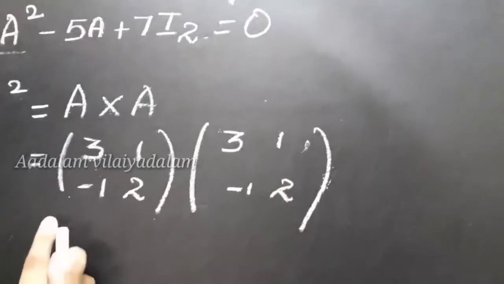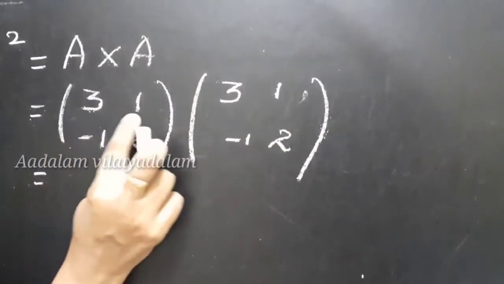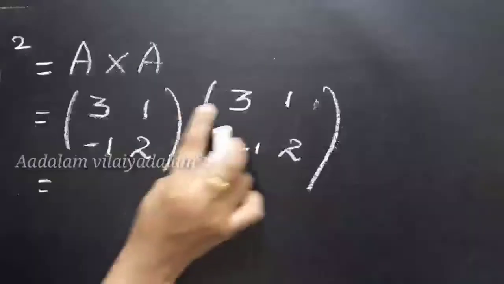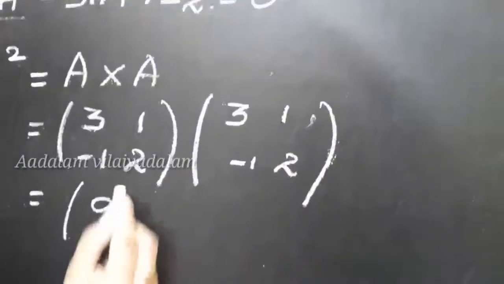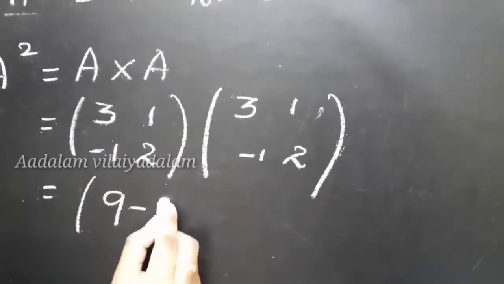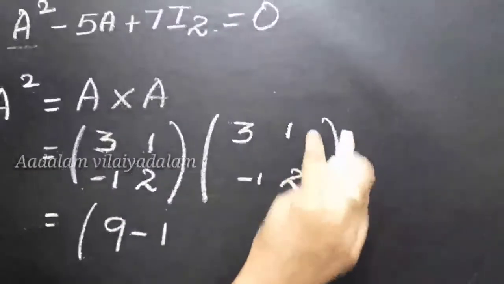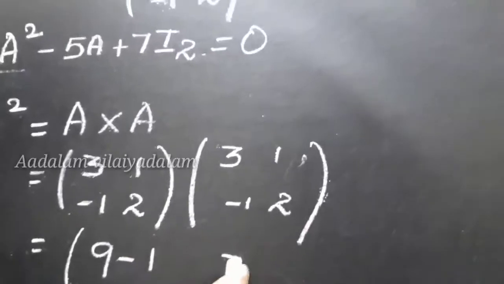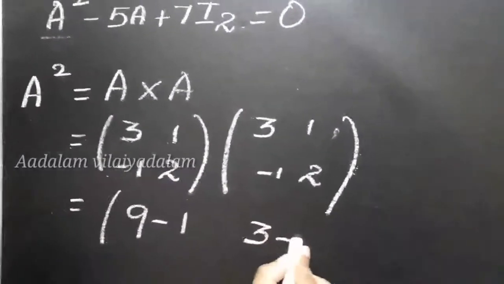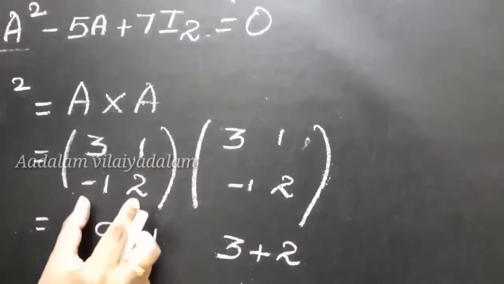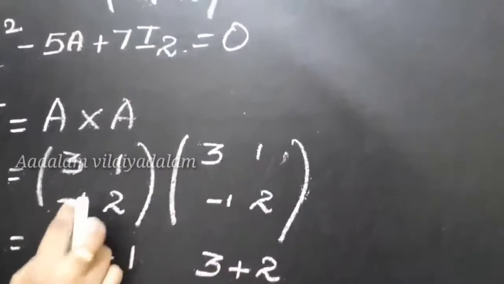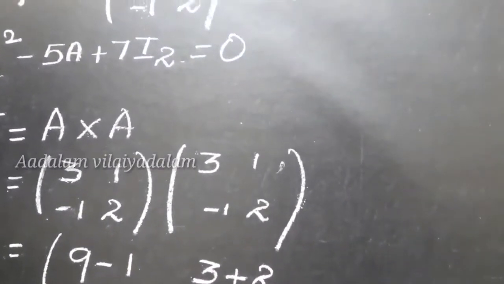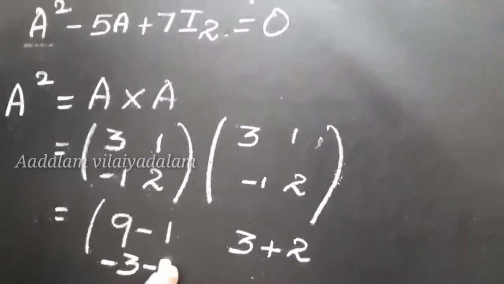So the product of A into A: the first row, first column, 3 3s are 9, plus into minus, minus 1. Again the first row, second column, 3 1s are 3, 1 2s are 2. The second row, first column, plus into minus, minus 3, plus into minus, minus 2.